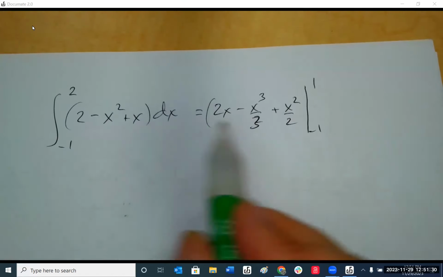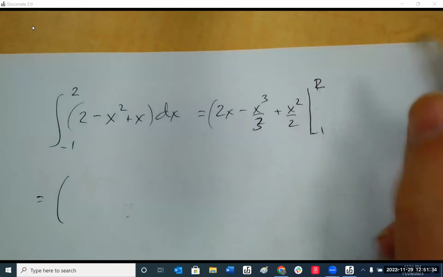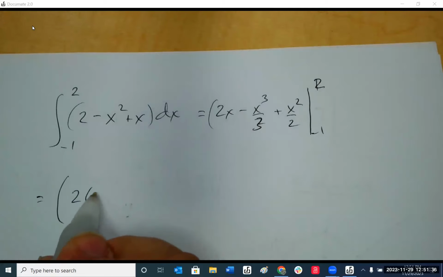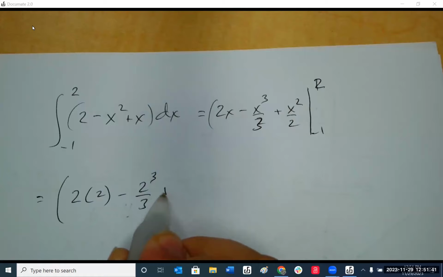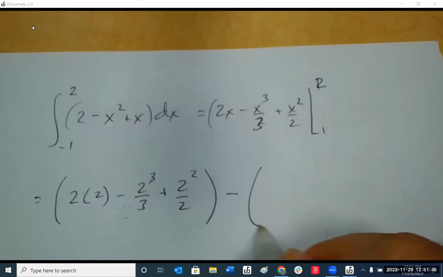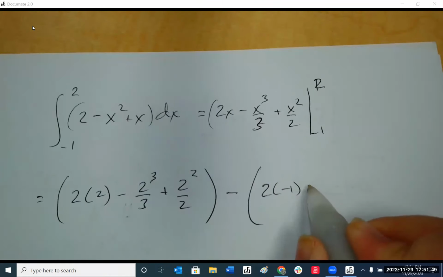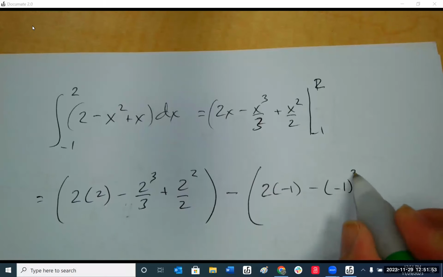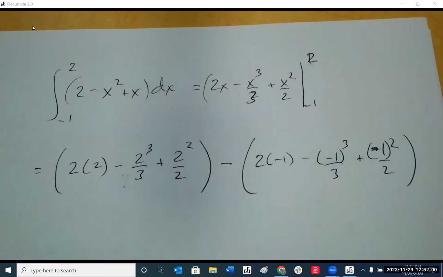So in other words, I took each of these. Now, oops, this is 2. Now they'll do the top part, minus the bottom part. You see what I did there?